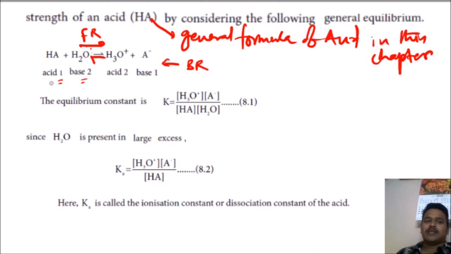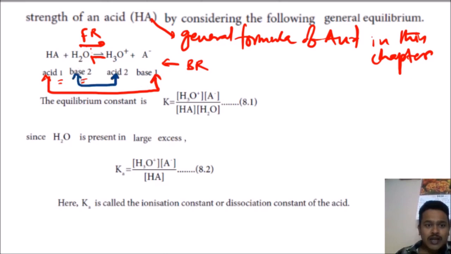HA and A minus are called a conjugate acid-base pair, and these two are also called a conjugate acid-base pair.